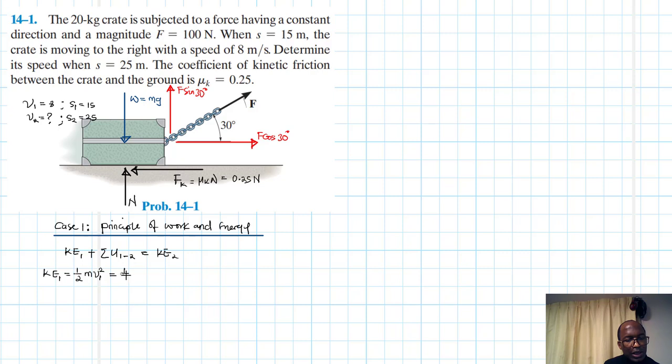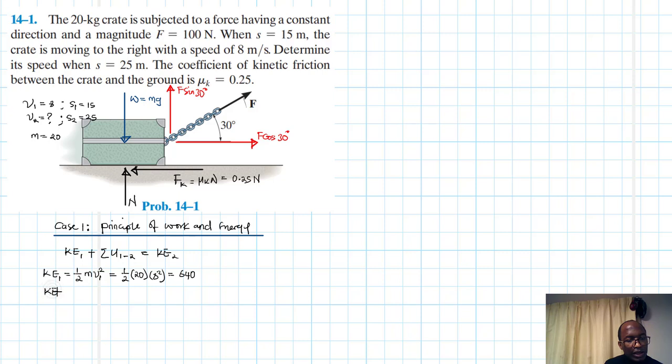So this becomes half times the mass of 20 kg times 8 squared, and if we work this out, 0.5 times 20 times 8 squared, we get 640 joules.